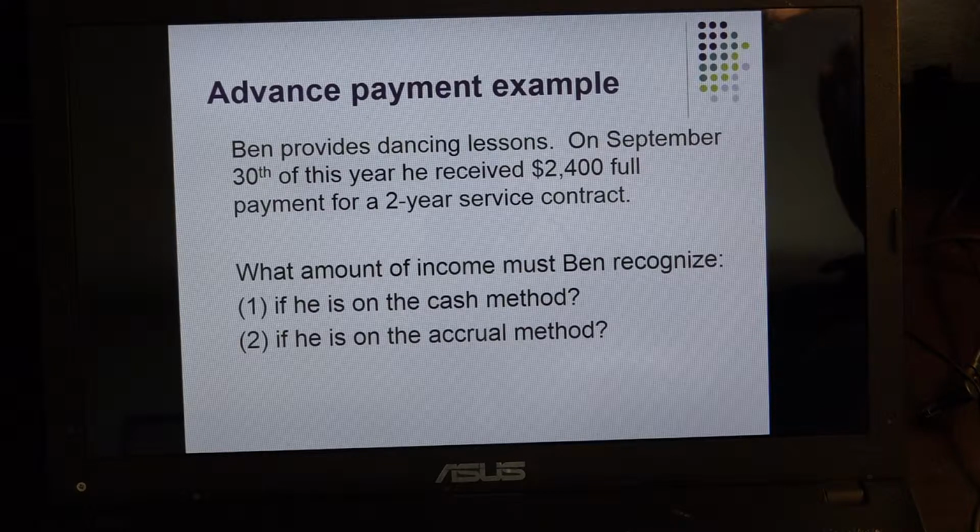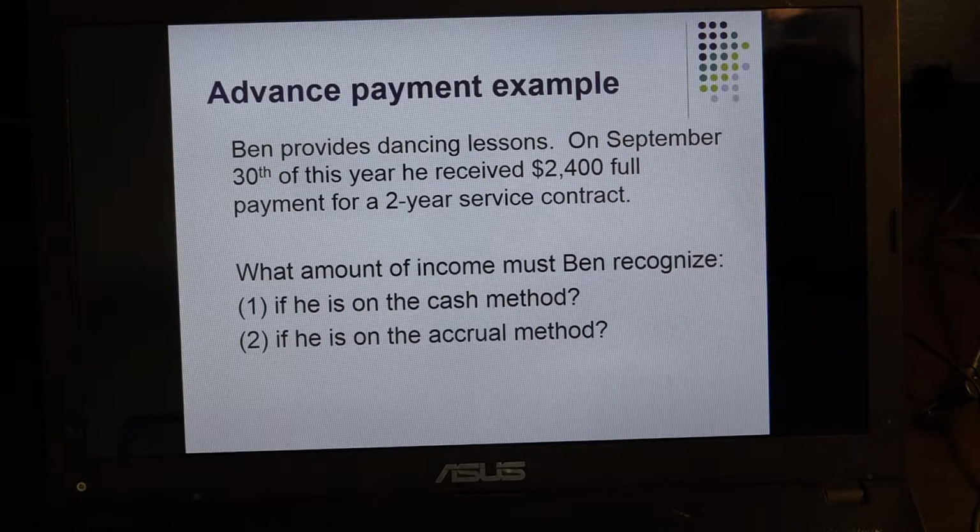Well, if he's on the cash method and he receives the payment up front, he's going to have to recognize $2,400 in that year. It doesn't say what he is, but if he's a sole proprietor, he's going to do cash method. So in that case, he's going to recognize in that year $2,400 regardless of when the service is provided.